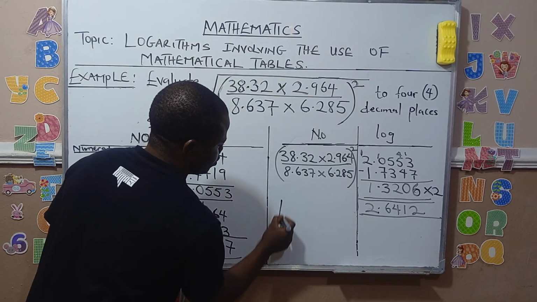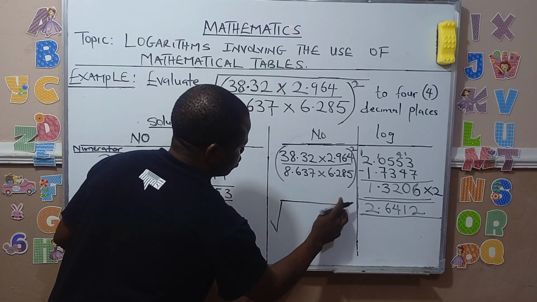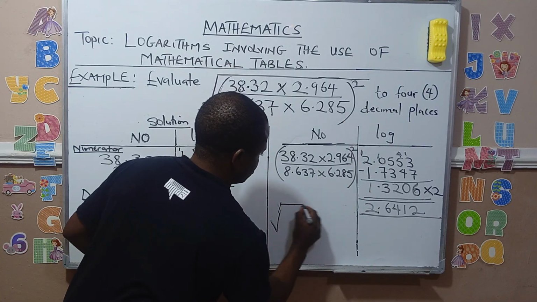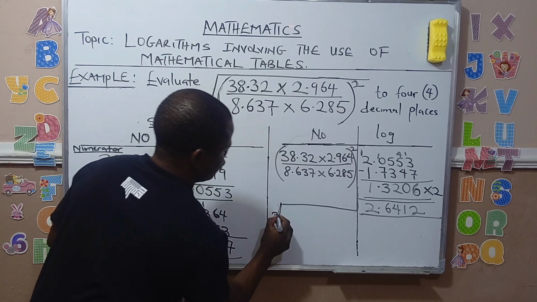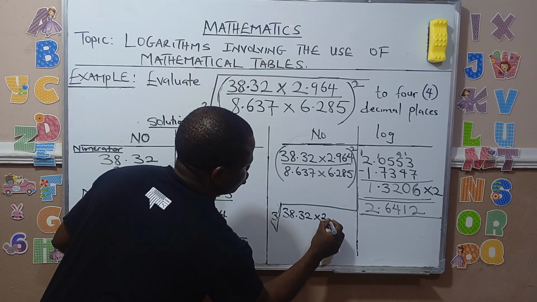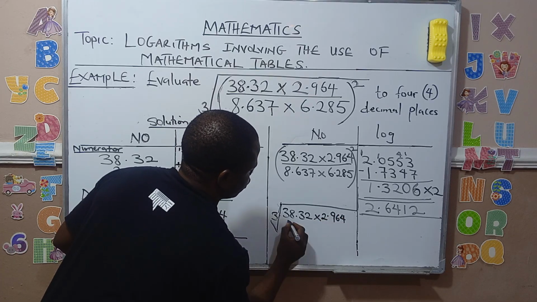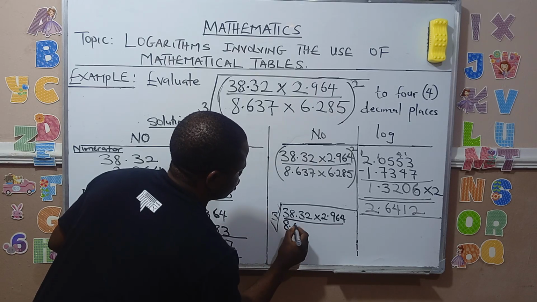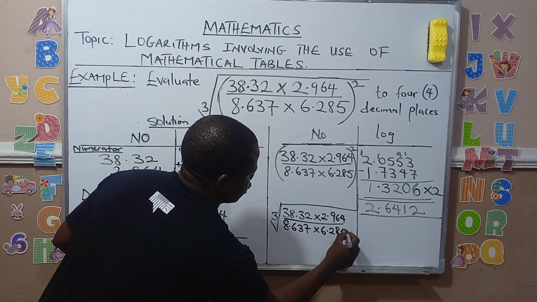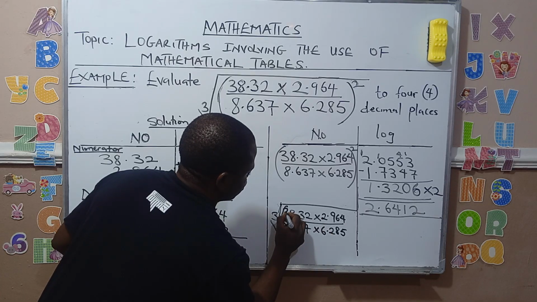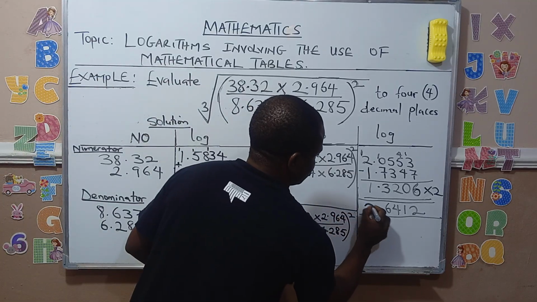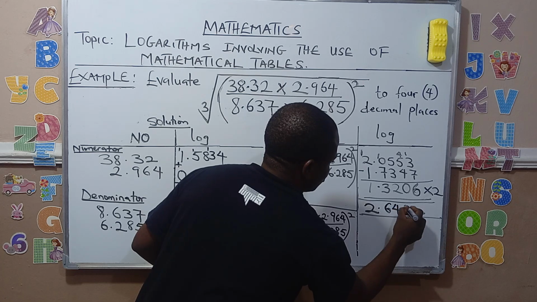Alright, the cube root of 38.32 times 2.964 divided by 8.637 times 6.285, squared. Remember the square is 2.6412.